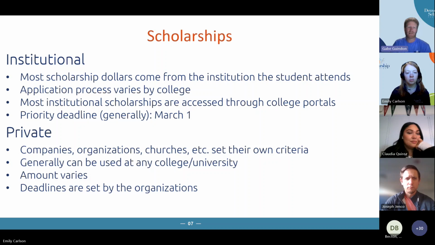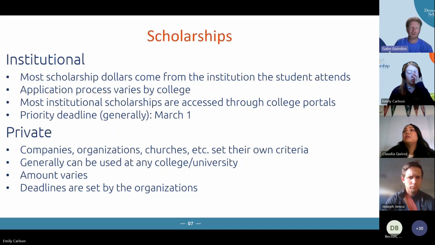So, examples of scholarships. Scholarships are primarily divided into institutional or private scholarships. Most institutional dollars, most scholarship dollars, will come from the college themselves. The application process will vary for institutional scholarships and is an ongoing effort for DSF college advisors as they follow up to financial aid submission.